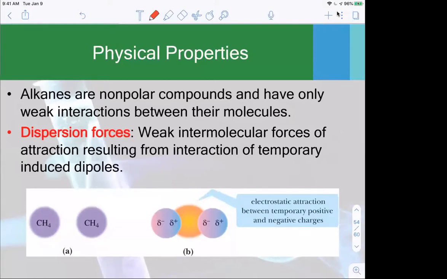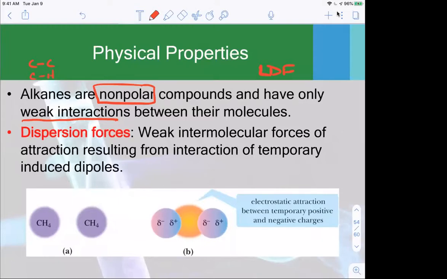Alkanes are non-polar compounds, right? I only have carbon-carbon bonds, and I have carbon-hydrogen bonds. Those are all non-polar bonds. So they have very weak interactions. They only have London dispersion forces, right?